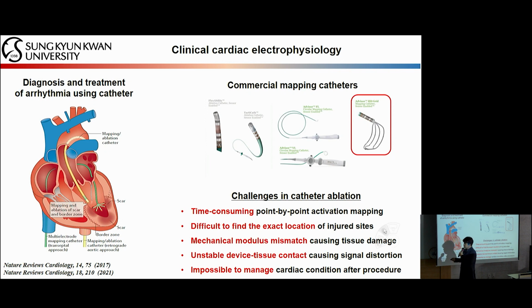And also, the catheter is flexible and bendable, but its intrinsic modulus is high. It's much higher than that of the cardiac tissue, potentially causing damage to the cardiac tissue and even distorting the cardiac signals. And a bigger issue is that it's impossible to diagnose daily after the catheterization procedure.